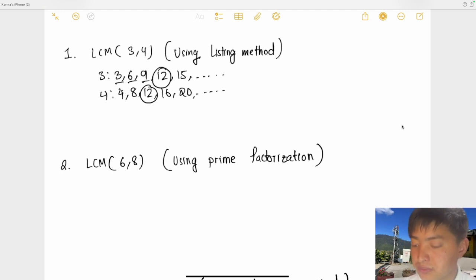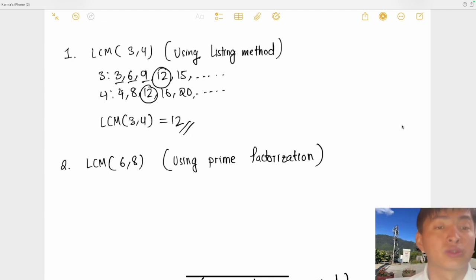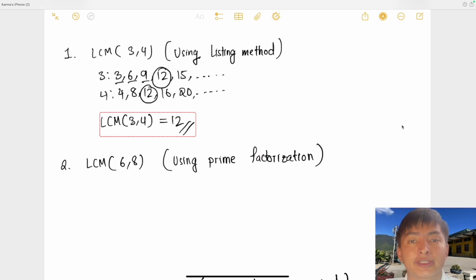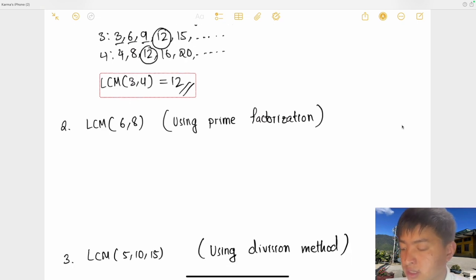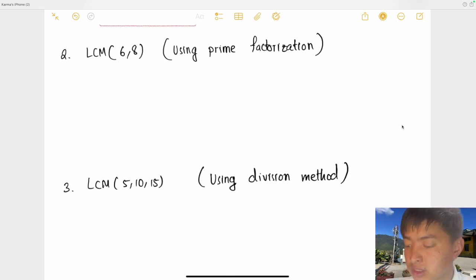Now, since it's the first common multiple, it is also the lowest common multiple. So the LCM of 3 and 4 is 12. So that's how you use listing method to find the lowest common multiple. Now let's move on to the next question.